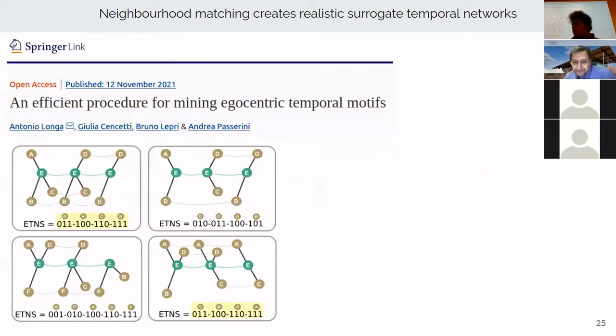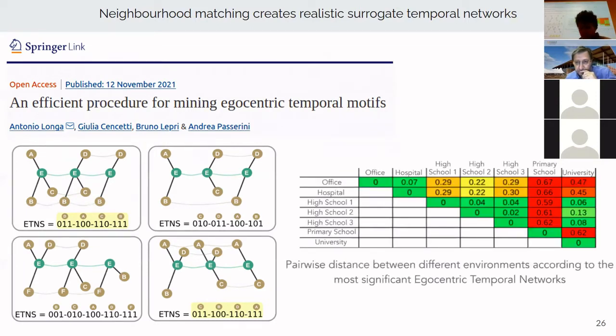In this work, an efficient procedure for mining egocentric temporal motifs, we show that identical structures are captured by the same signature. And also we show that, only using the distribution of those ATN, you can get the similarities among different temporal networks.